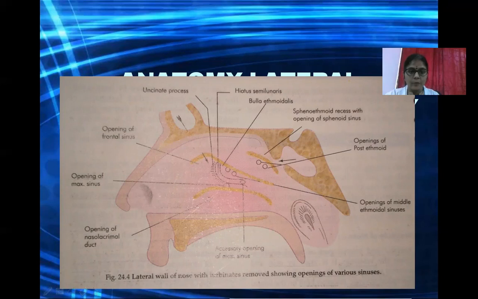That's the ethmoid sinus opening here. Okay. That's the opening of the posterior ethmoid sinus in the superior meatus. That's the opening of the nasolacrimal duct in the inferior meatus.